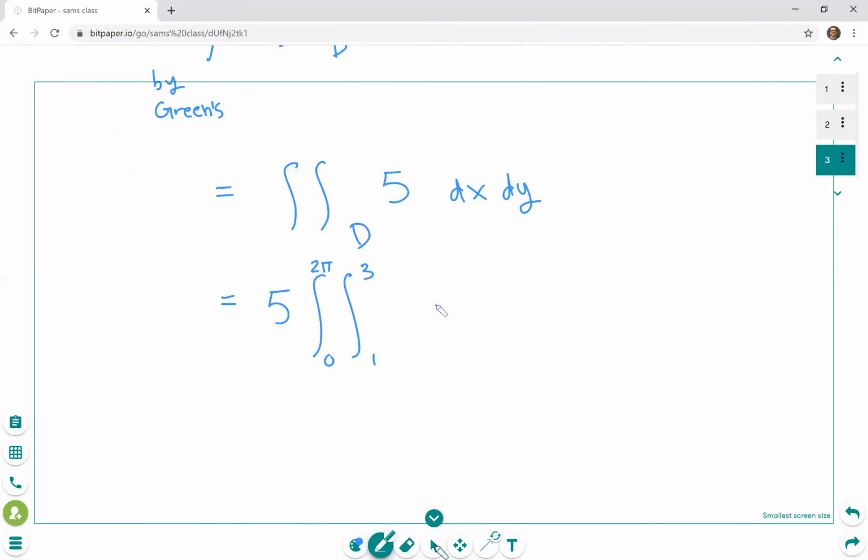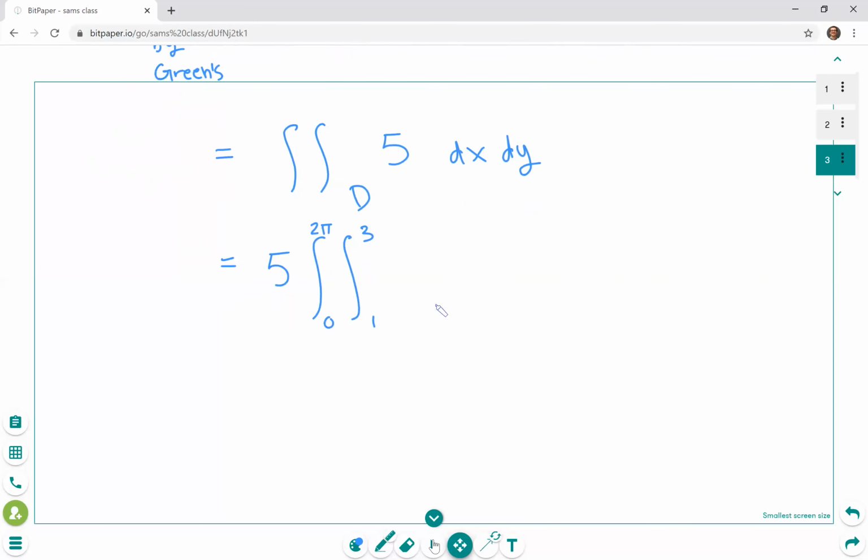And then remember the Jacobian for this transformation. If you're doing the polar coordinate transformation, the Jacobian is r. So you have to multiply by r, and then dx dy go to dr d theta.